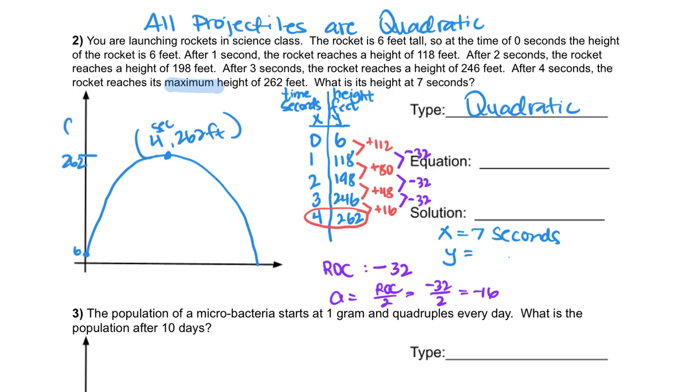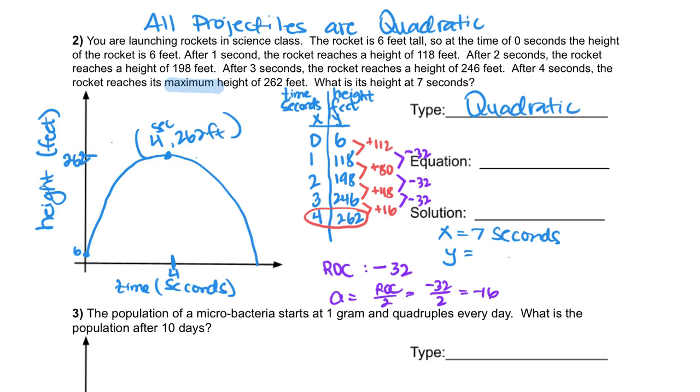So this is feet, and this is seconds. And so let's take a minute to label here, and this would be 4 seconds. So this is just our quick sketch here where we have our starting point at (0, 6), our maximum point at 262 feet, and it's going to land somewhere over here.